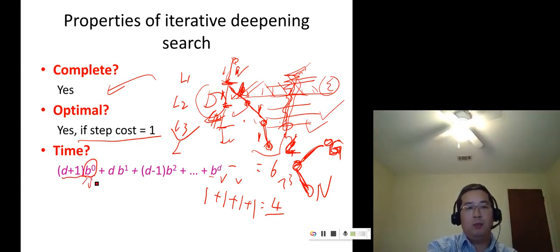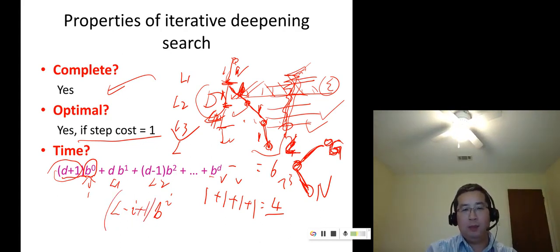This is one node, and when you reach d level, you must expand the root node d plus 1 times, and then layer 1, layer 2. So we have that one we already mentioned, layer 1. So each layer, you can have the layer I, and then layer I plus 1.